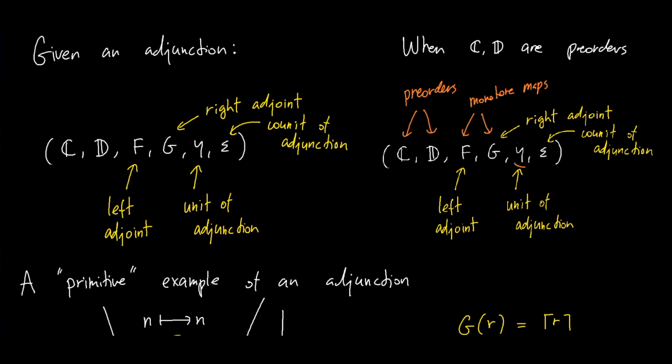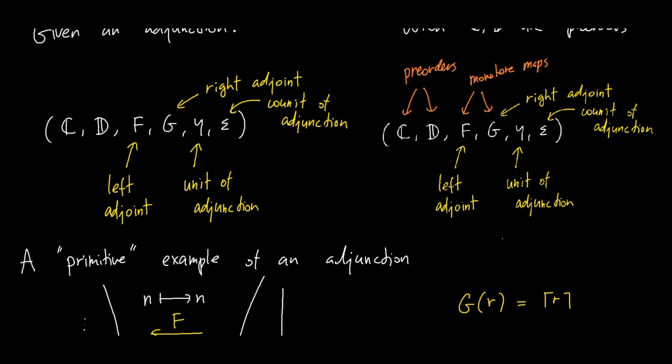And in this case, eta and epsilon will indeed be unique because they're just the facts that if I take an object C in the preorder C, I apply to it F and then G, that will be something that's bigger than C. So this fact that for every C this is true is what guarantees a unique eta.